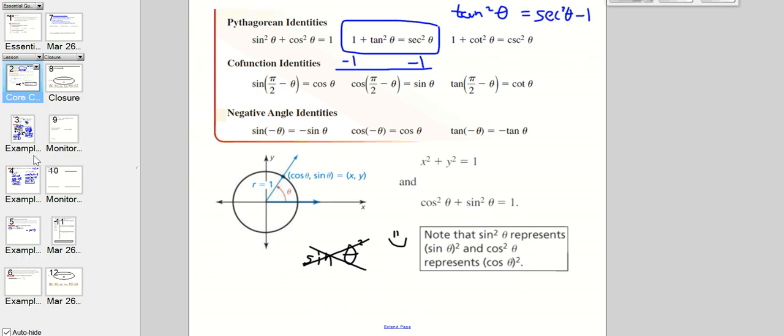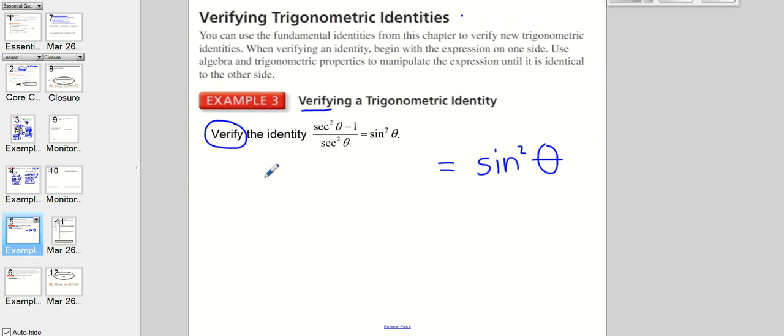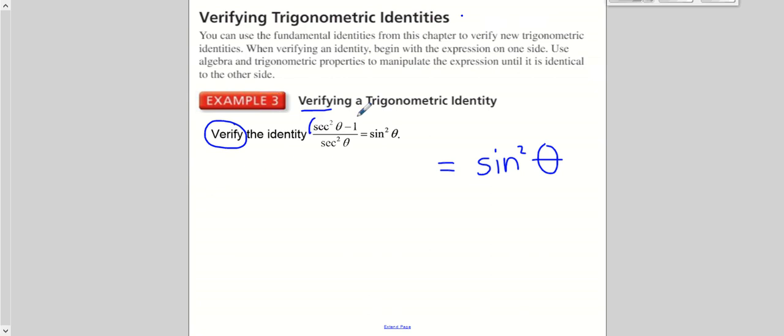That'll help us see this secant squared minus 1? That is the same as tangent squared.